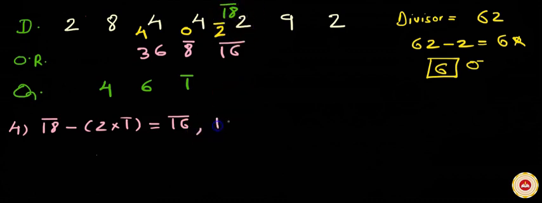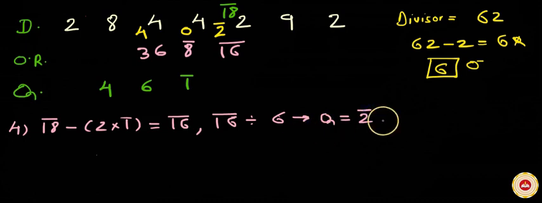So let us divide this negative 16 by osculator 6, which gives us quotient negative 2 and remainder negative 4. 6 multiplied by minus 2 is minus 12.